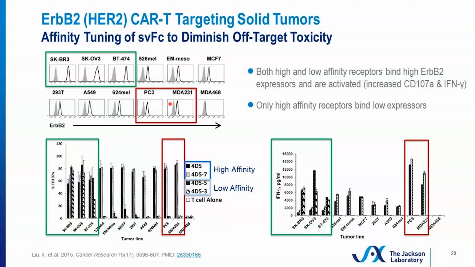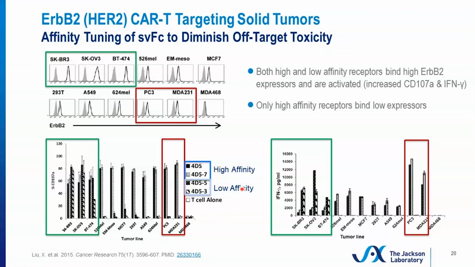So what they're trying to do is the tumors that are high expressors would be the target of the tumors and killed, and then we were looking at off tumor but on target effects with the low expressors or the normal tissue expressors. They developed two populations of these HER2 CARs, the high affinity versions and the low affinity versions.